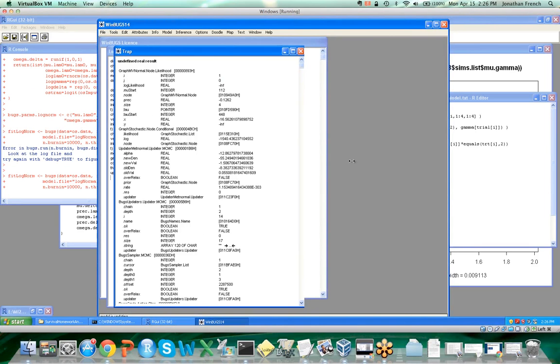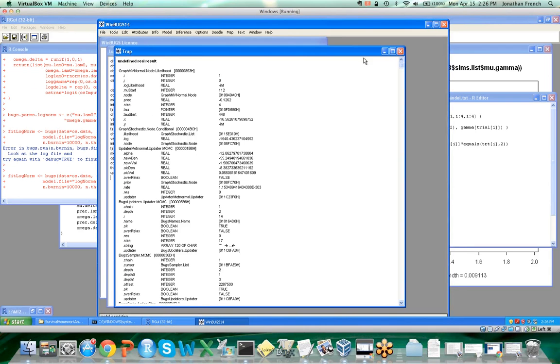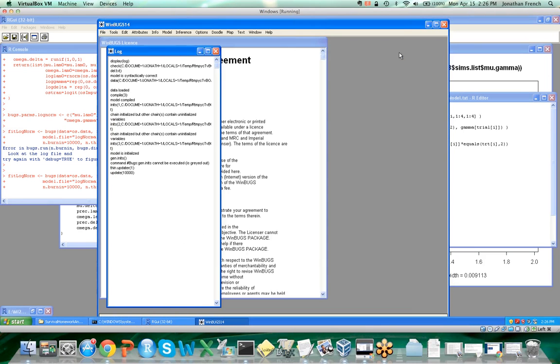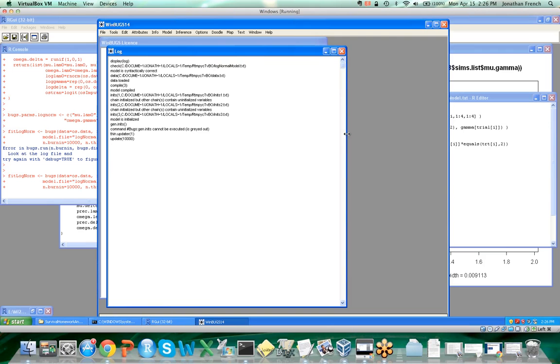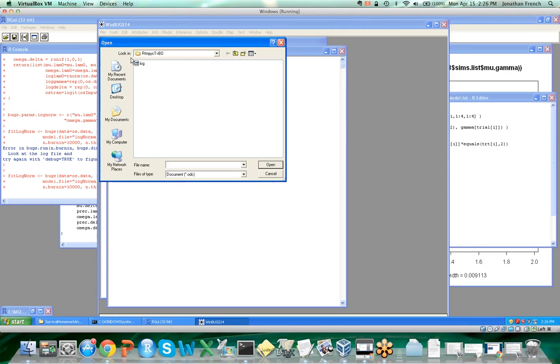This is interesting. We're getting slightly different behavior here when I run it through Windows than when I ran it on my machine previously on a Mac. Let's try and do it this way. Oh, I'm not going to do it that way.